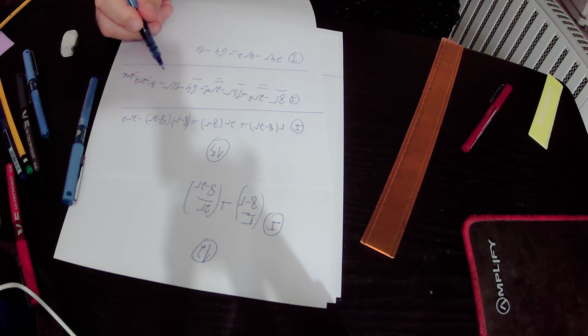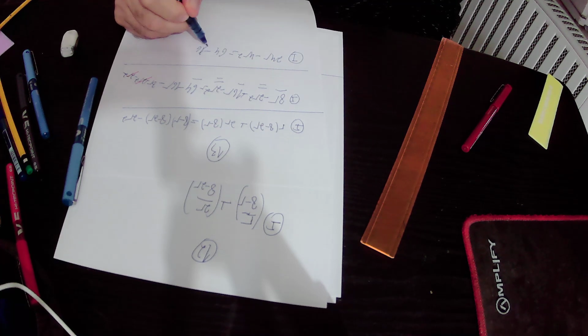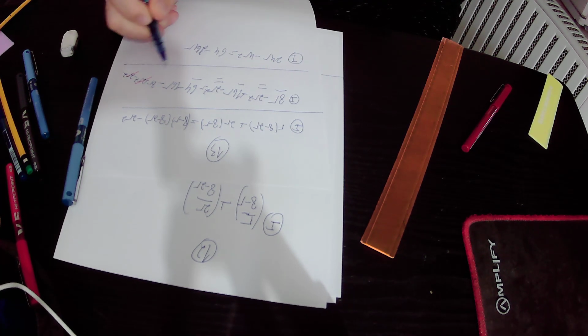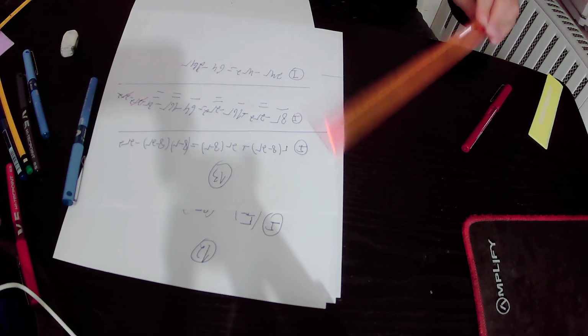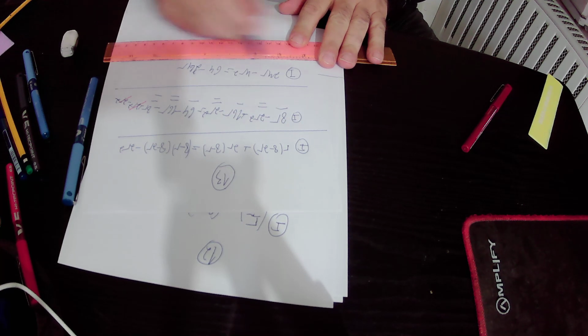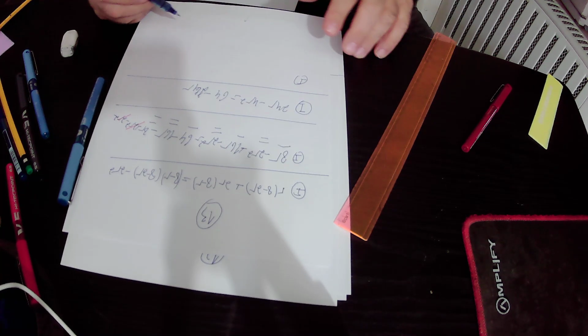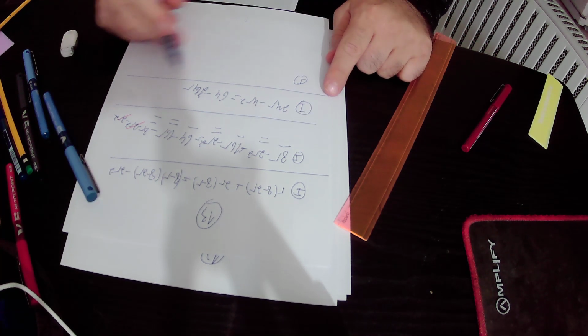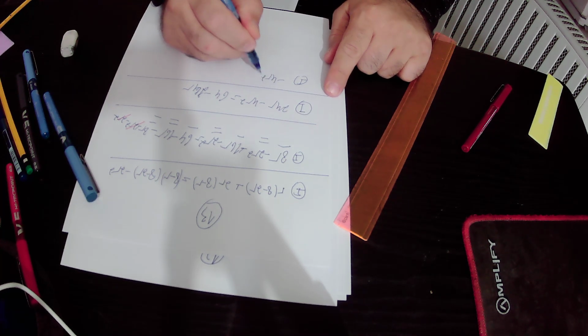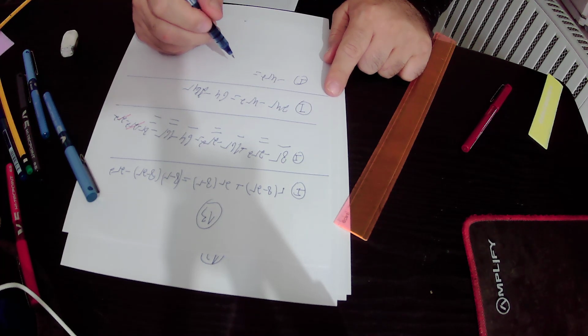Minus 16r minus 8r is minus 24r. Here we will subtract 24r from equation number 1, and we will get that minus 4r squared equals to 64 minus 24r. Minus 24r is minus 48r.